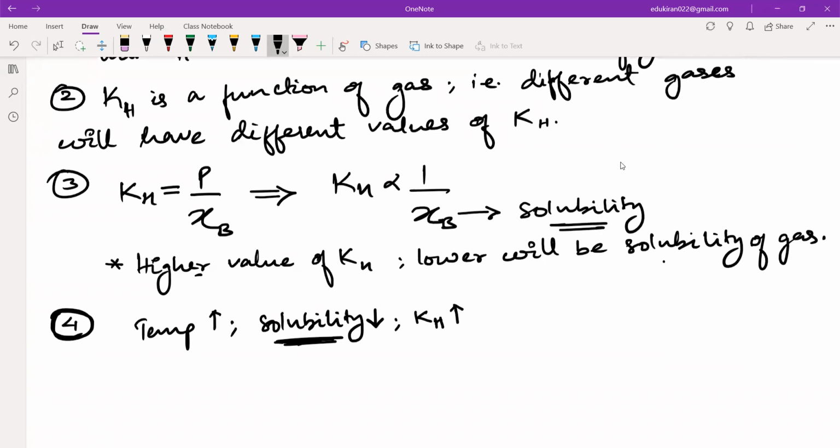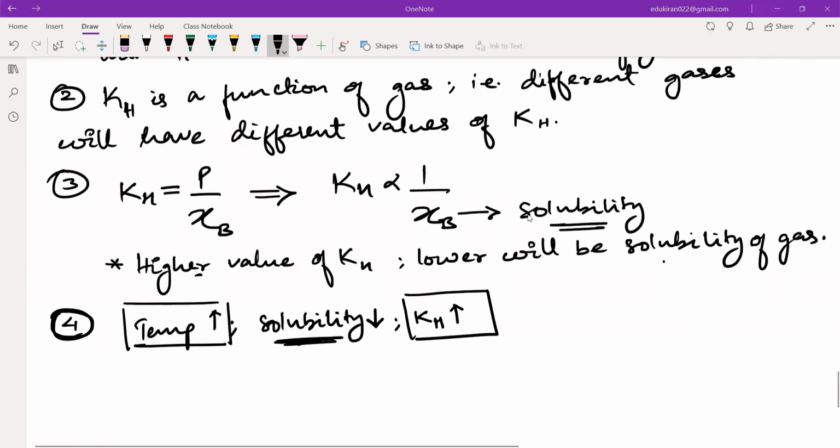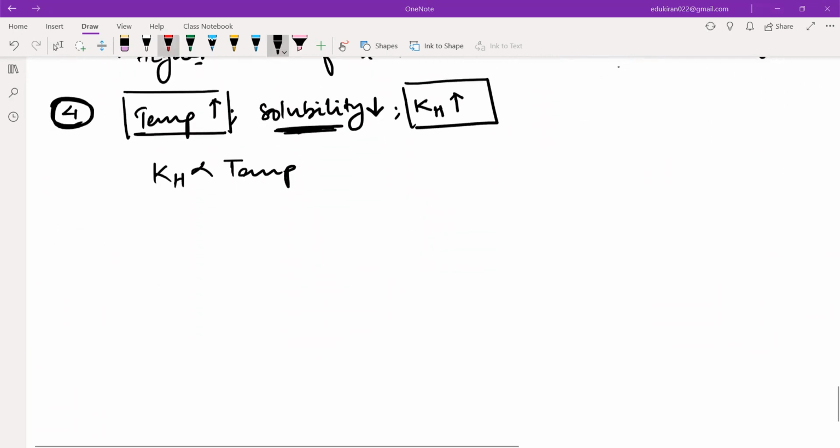So the relationship between temperature and KH is that they are directly proportional. KH is directly proportional to temperature. Now all of you will write a question.